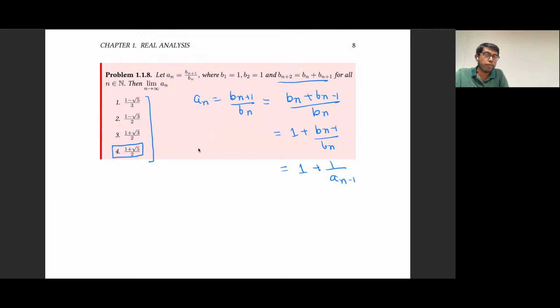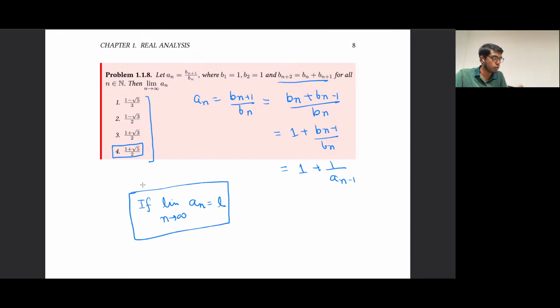Okay, so if limit n tends to infinity a_n equals to L, this I don't know yet, whether this exists or not. We need to show that this limit exists. But suppose that this limit exists, then what I will do?